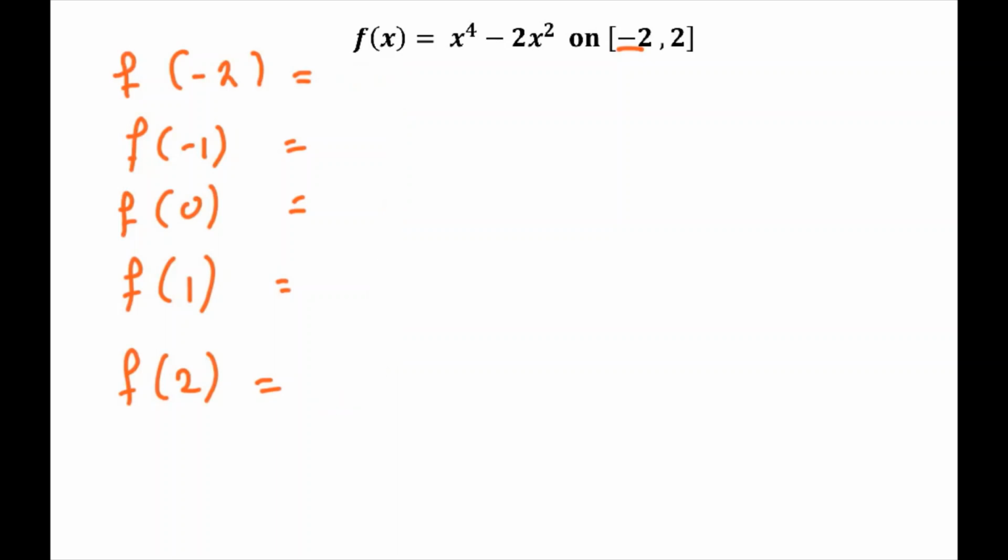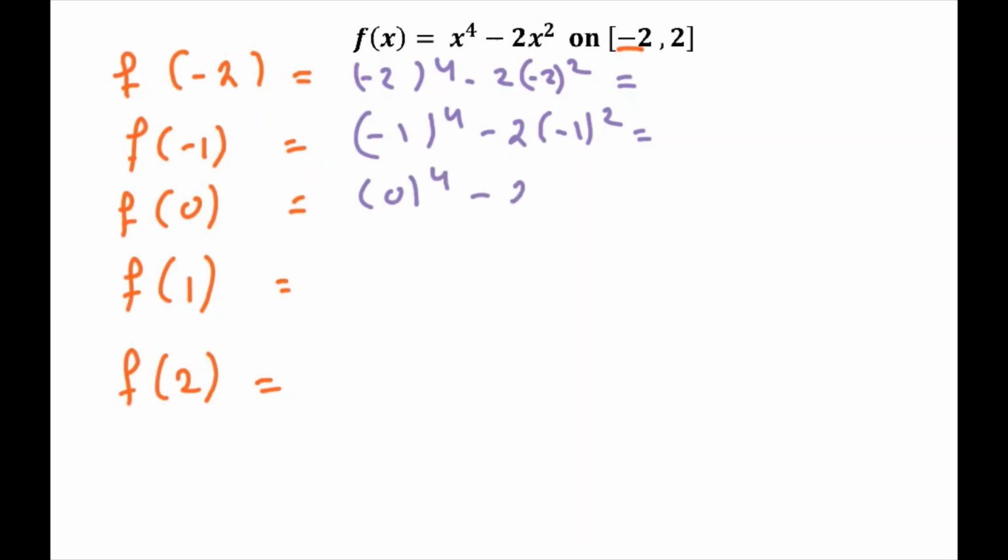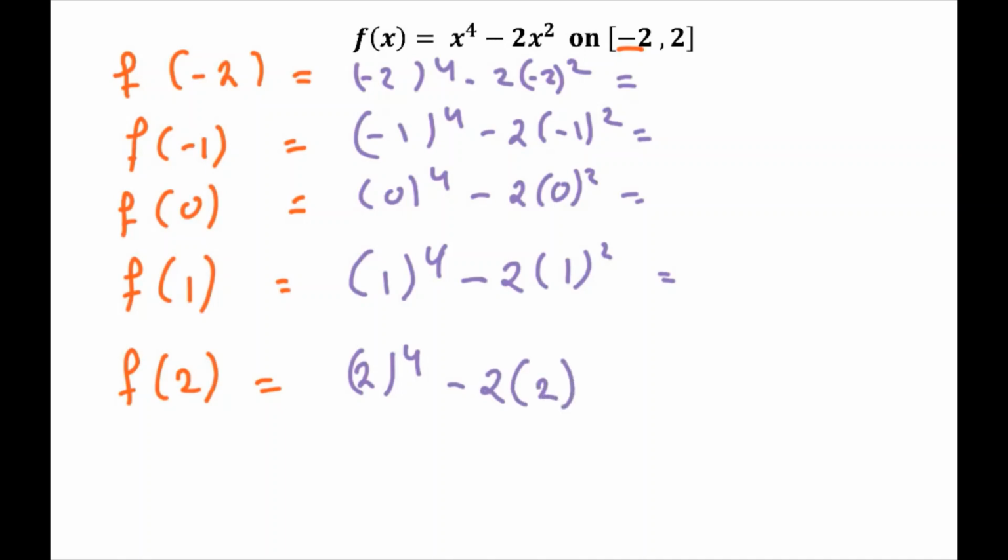By substituting in the function, so (-2) to the power of 4 minus 2 times (-2) to the power of 2. Same here, -1. And 2 to the power of 4 minus 2 times 2 squared. Now here will be 8. That's 8, -1, 0, -1, and 8.